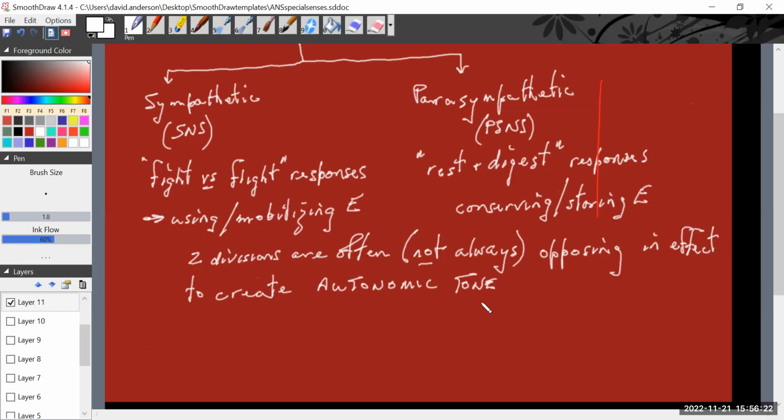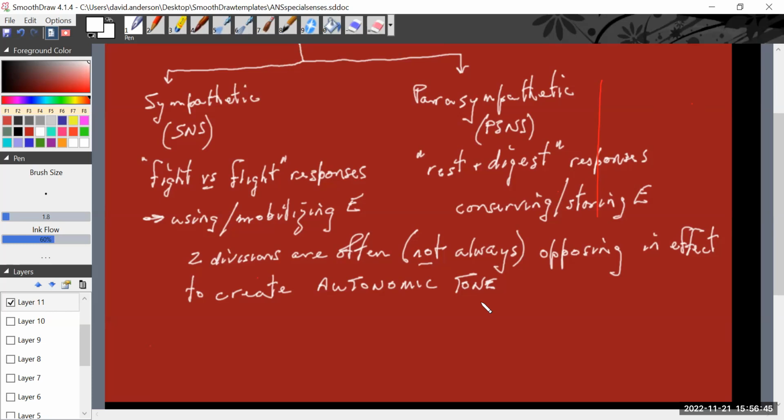Well, that's the heart rate, right? So that's the cardiac muscle. So we've got the sympathetic division. In fight or flight, what do you think the sympathetic division would do to the heart rate? Make it go faster or slower? Faster in fight or flight. And then the parasympathetic is going to make it go which way? Slower. That's good.